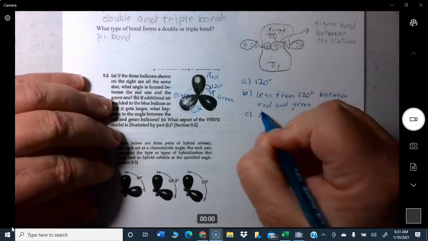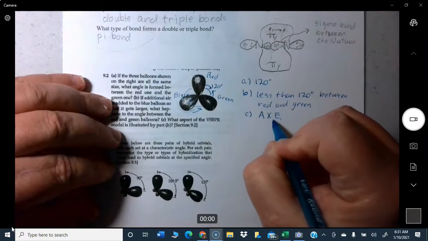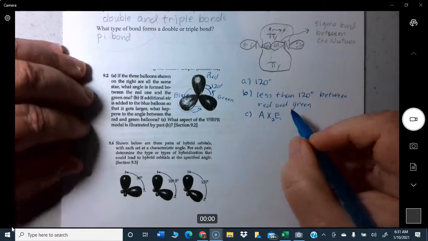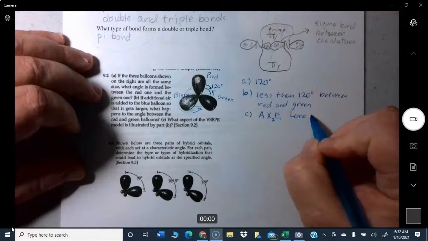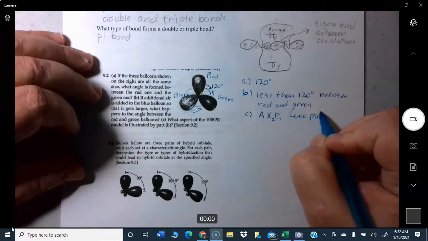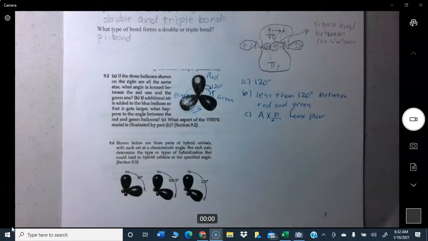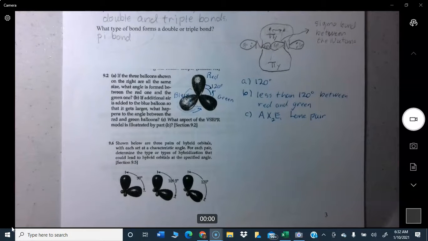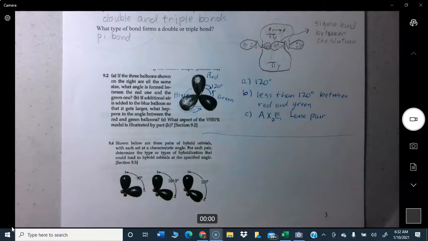So that would be an AX2E1 configuration. So that would be lone pair. Okay, and that's that for 9.2. Just be sure you understand those concepts and why that is.